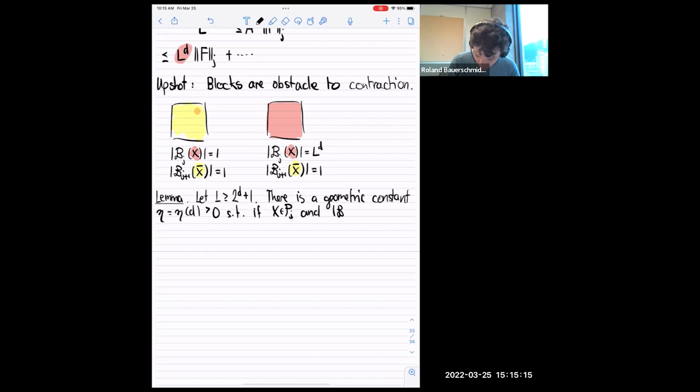and the number of J blocks in X is at least 2 to the D plus 1. So again, this is just a finite number.